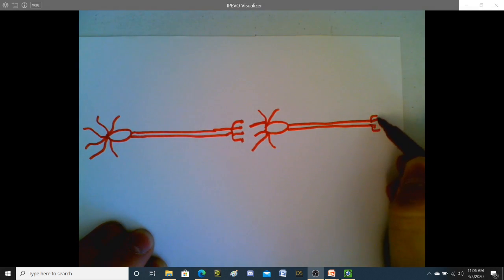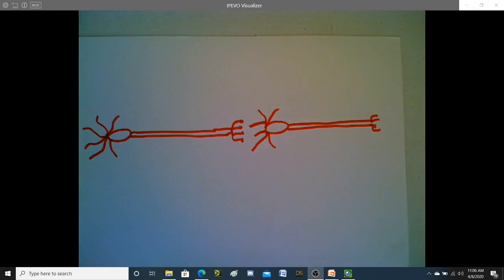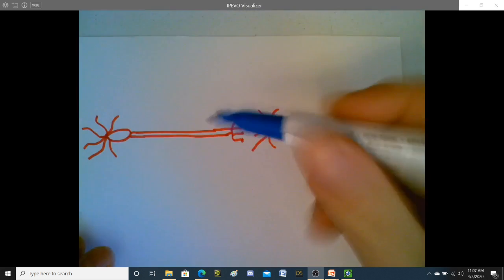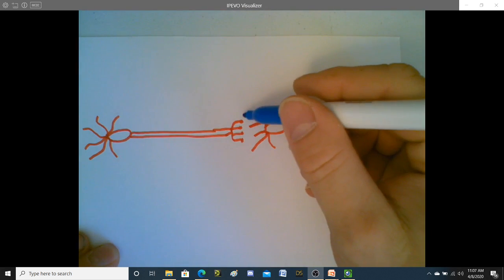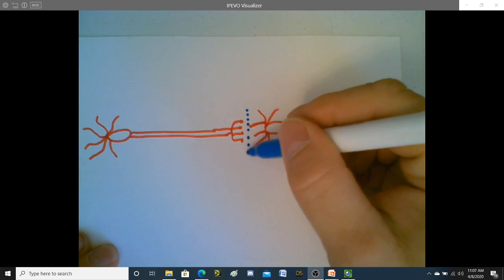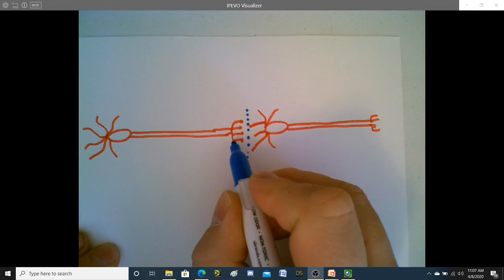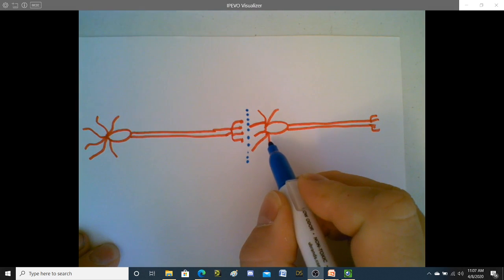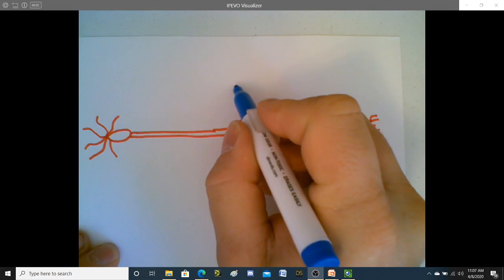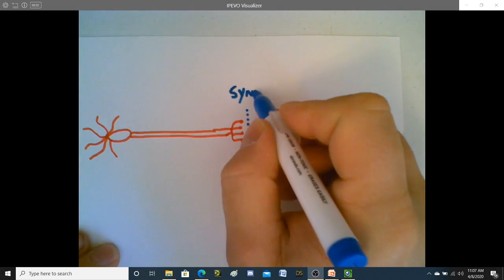All right, but remember, just like in the neuromuscular junction, this is not connected. So we have a gap. There is a gap between the axon of the first neuron and the dendrites of the second. This is called a synapse.